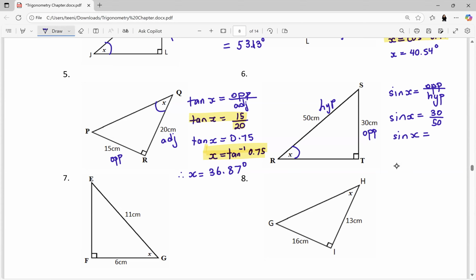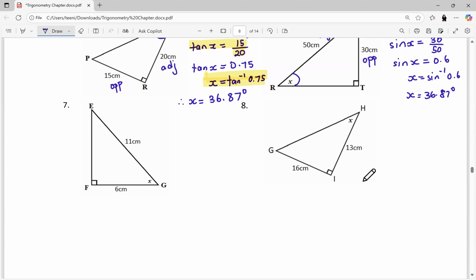Excellent. 36.87. I think so, because sine x is 0.6, so x is equal to sine inverse of 0.6, which is 36.87 again. Excellent. You got the hang of it now? Yeah, Miss. Perfect.